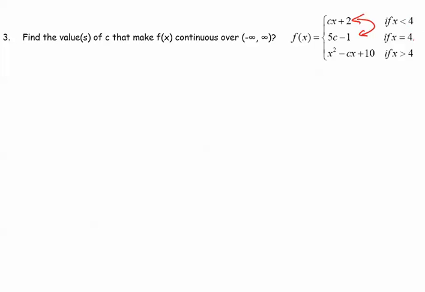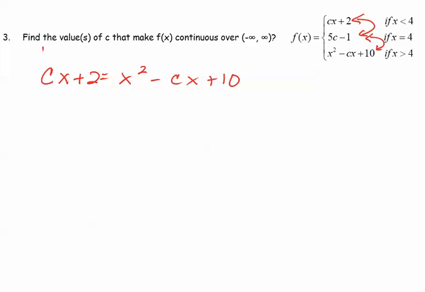So at x equals 4, we would like these values to pick up each of them where the other one left off. So from x going from less than 4 to greater than 4, we would like cx plus 2 to be equal to x squared minus cx plus 10.